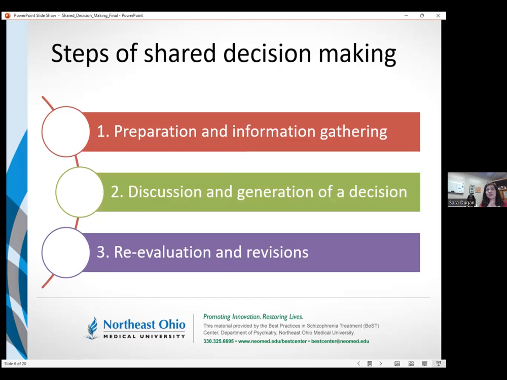The three steps are preparation and information gathering, discussion and generation of a decision. So step two is the main point that we do get to a decision. And then step three being reevaluation and revision. And I think that's a good reminder that none of these decisions related to medications are set in stone. They're things we can go back and revisit. And it's something that we should do often, is go back and revisit to make sure it's still the best fit for that particular patient.